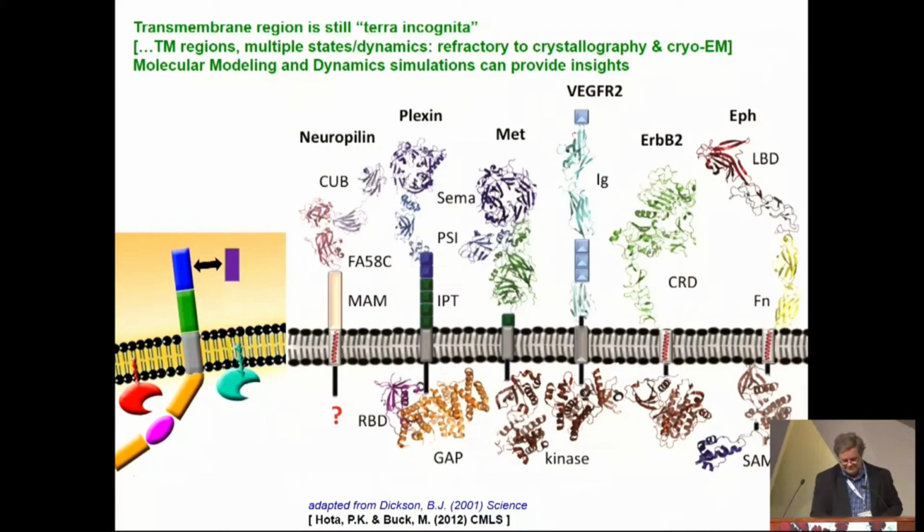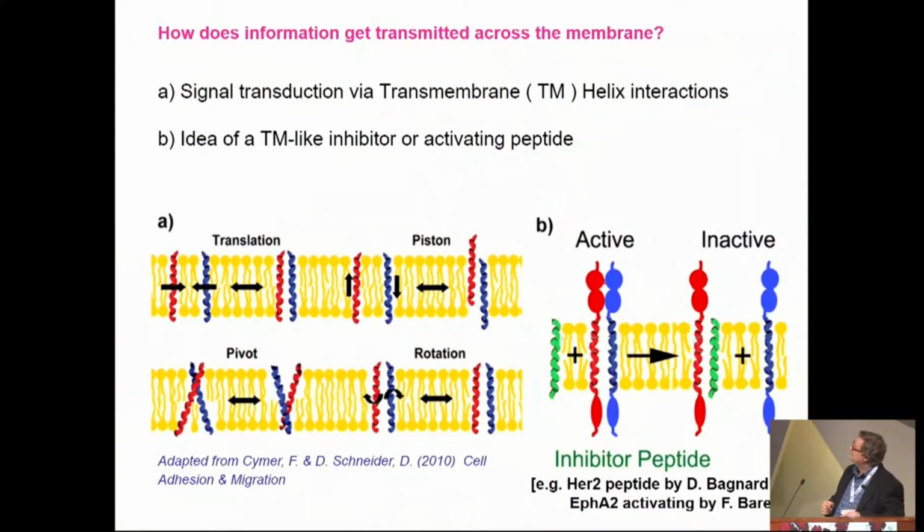And the understanding is that most of the time receptors dimerize and bring the extracellular domains, of course, together through the ligand binding. The transmembrane regions form helix dimers, and then the intracellular domains also come together.